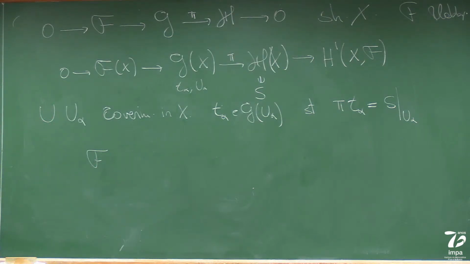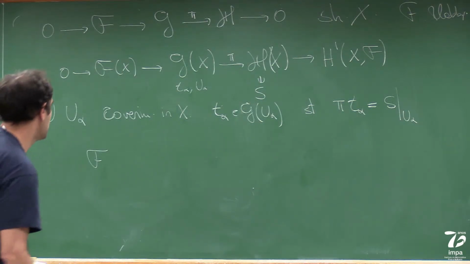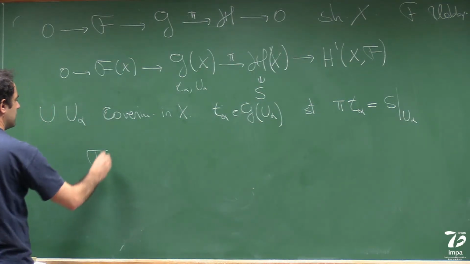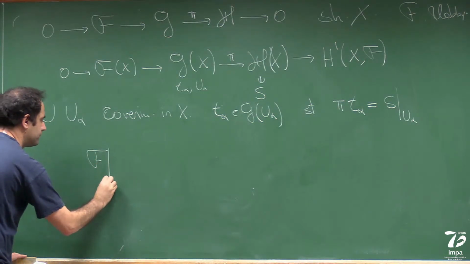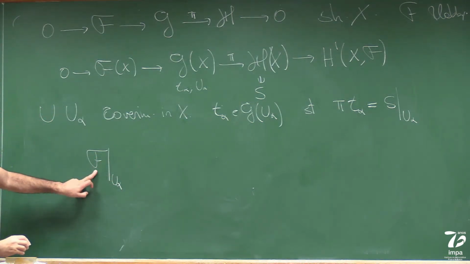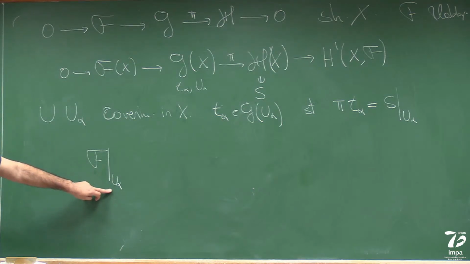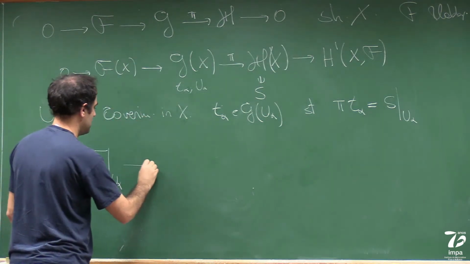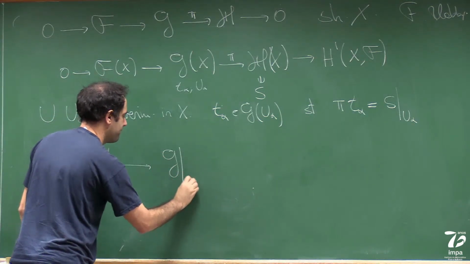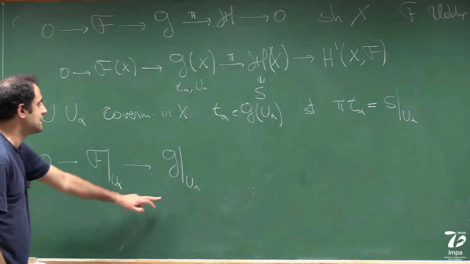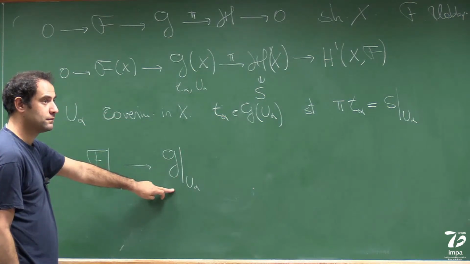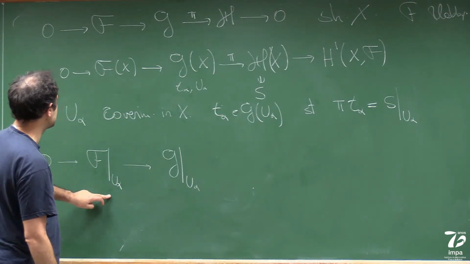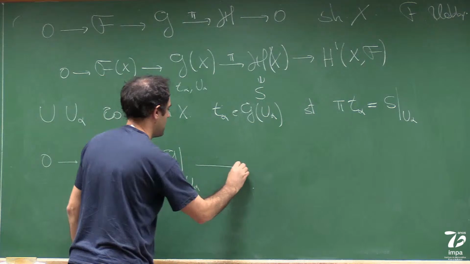Well, I'm going to restrict F to U alpha. So this restriction is just the pullback under the inclusion of U alpha into U. And I can restrict my G to U alpha. So this T now is a global section of this sheaf on U alpha.